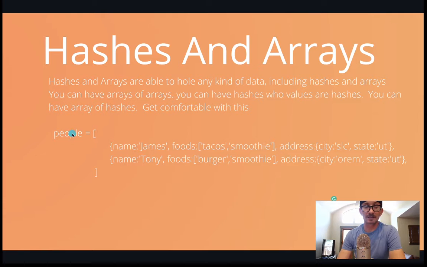I need to be able to say, oh, I have a people variable. My people variable is an array of objects. And an object here has a name, string, and it has this foods key, which is an array of strings, and it has an address, which is a hash with the keys city and state, whose values are strings.